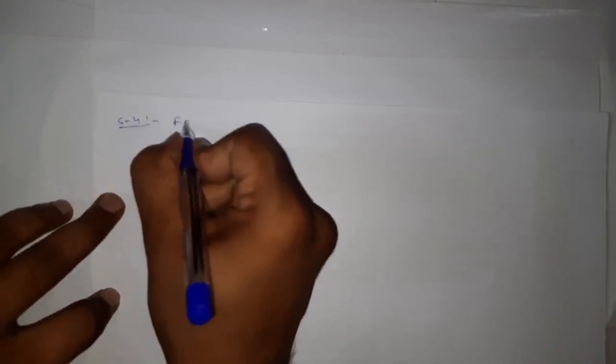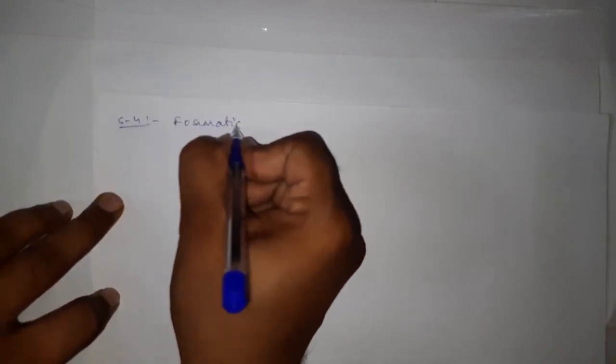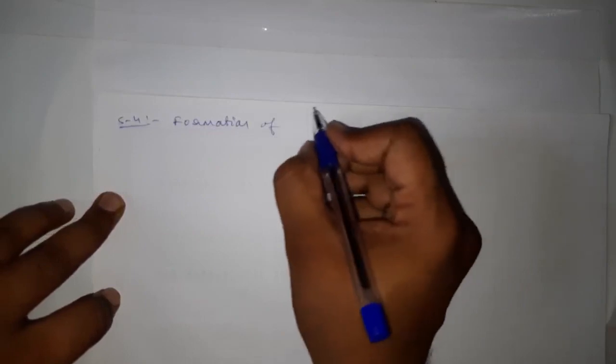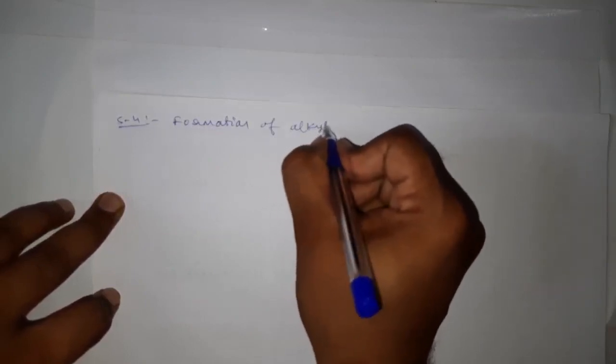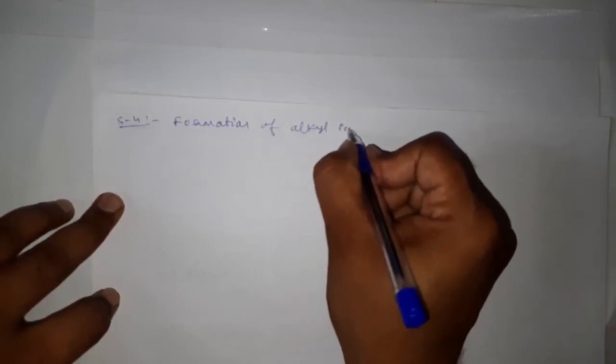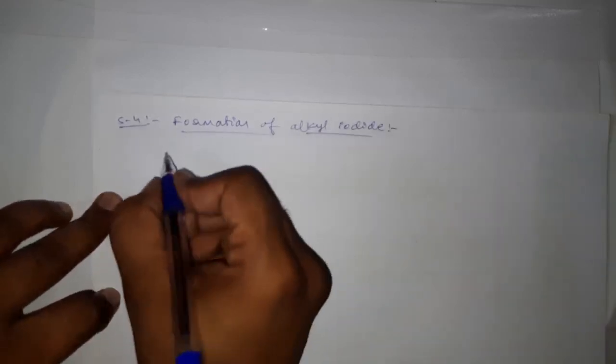Then the fourth step, step number 4, is formation of alkyl iodide. This is the last step.